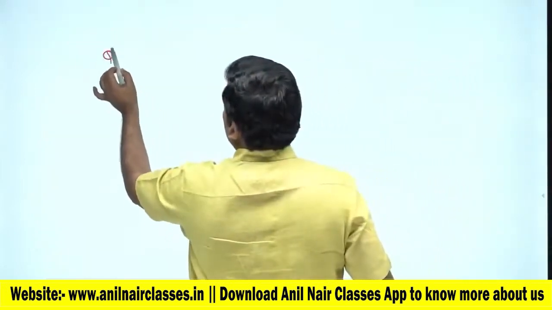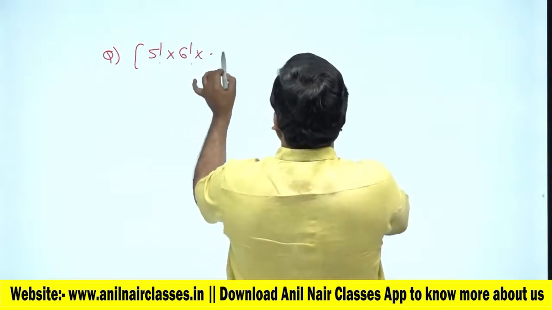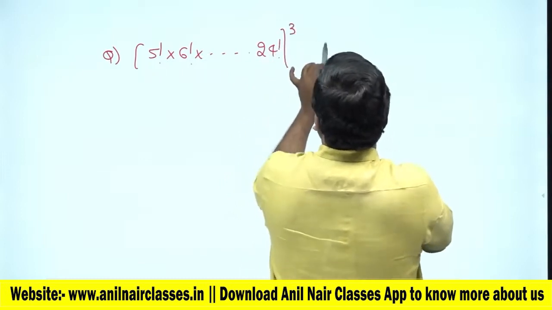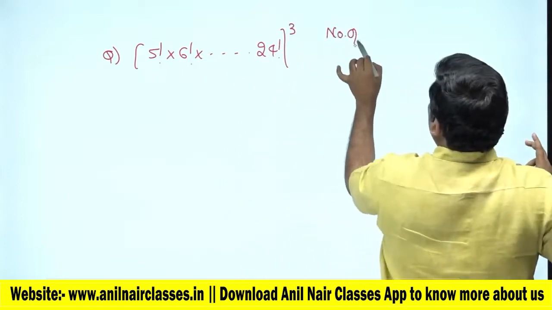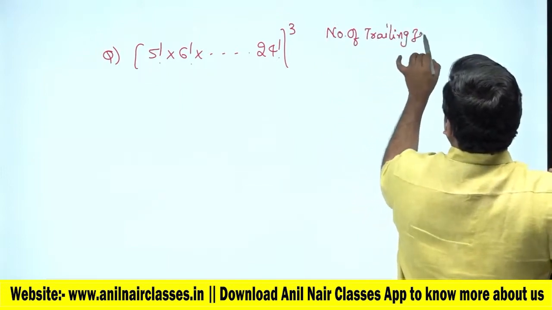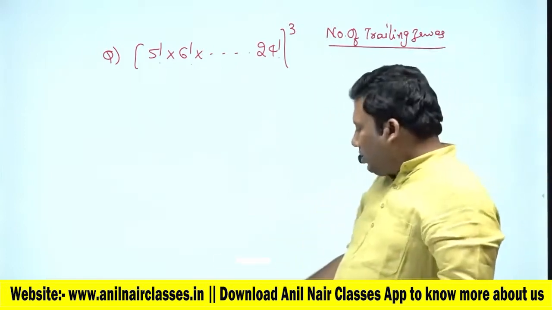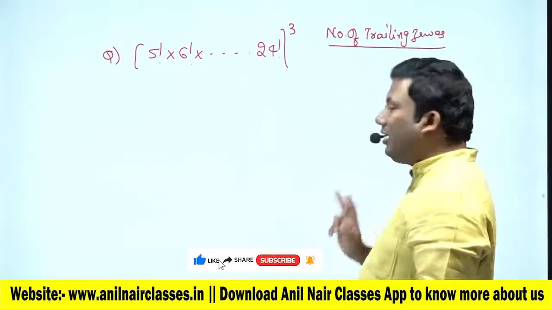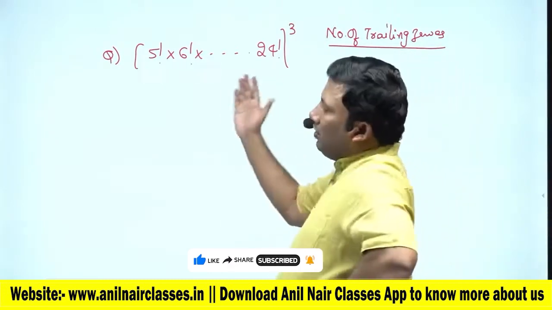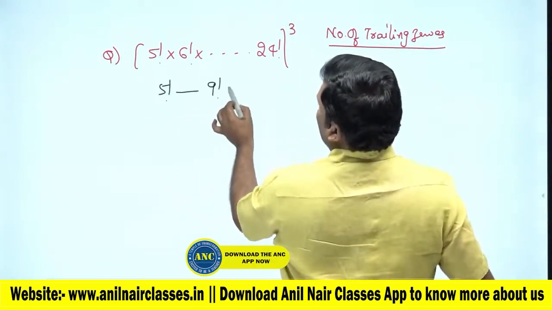Suppose the question is like this: 5 factorial into 6 factorial and so on up to 24 factorial, whole power 3. Find the number of trailing zeros. How to write down the answer directly? From 5 factorial till 9 factorial, there are 5 numbers.